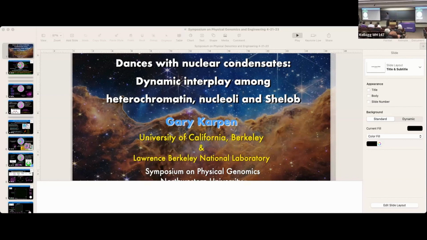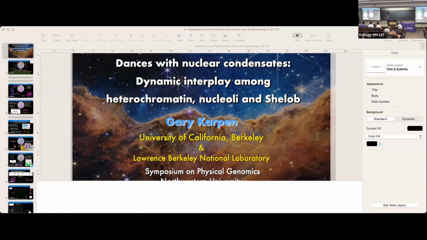The idea here is that SHELOB has self-association and HP1 has self-association, and these are weak interactions, but I'm saying they are stronger than the ability of these molecules to interact with each other. So this is a weaker interaction.